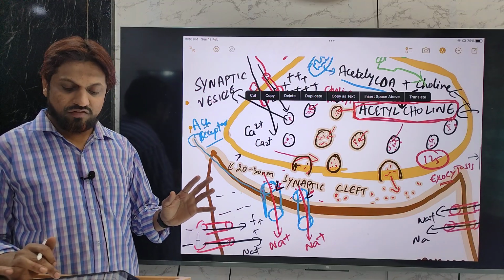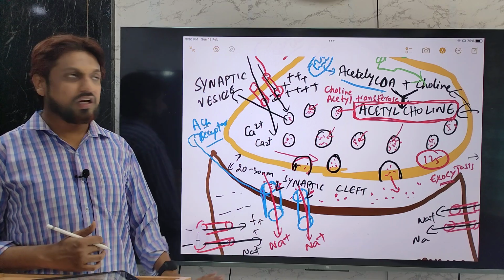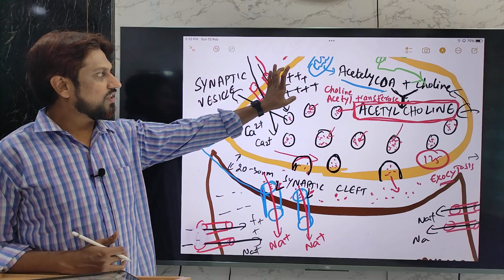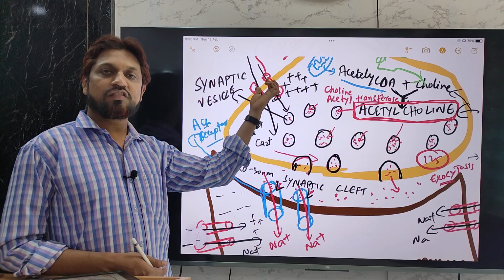how exactly the neuromuscular transmission, that is the electrical event, causes the transmission of this signal from the nerve to the muscle. When the action potential reaches the neuronal terminal ending, voltage gated calcium channels open.